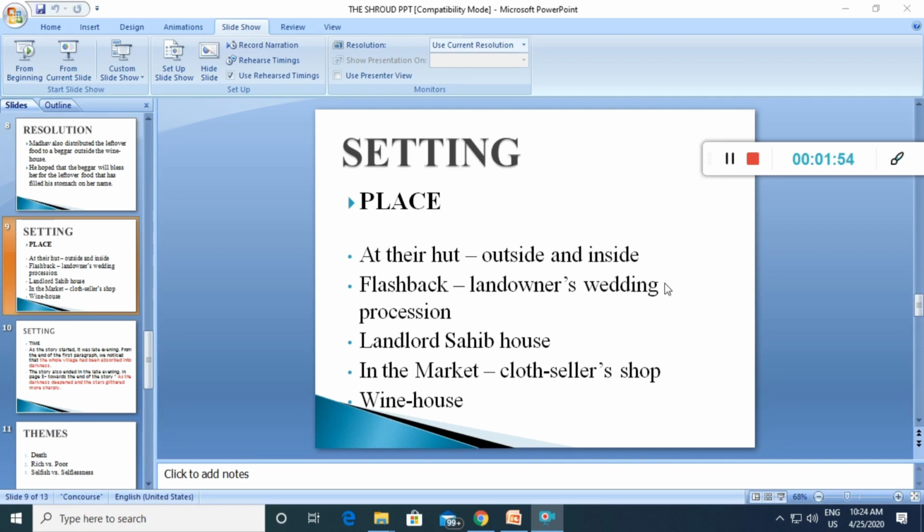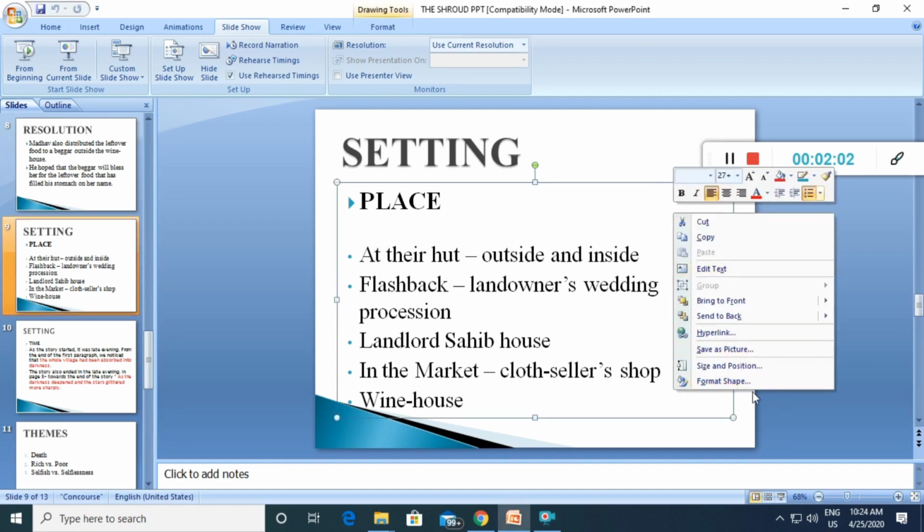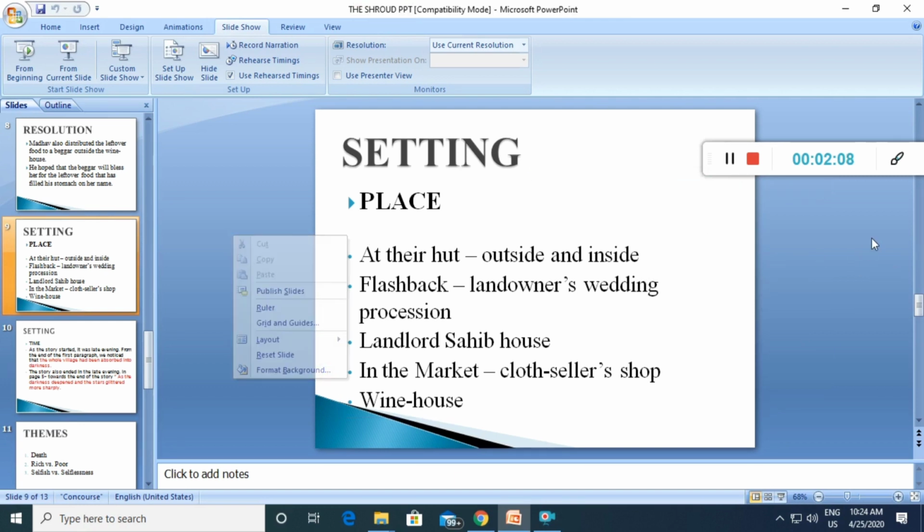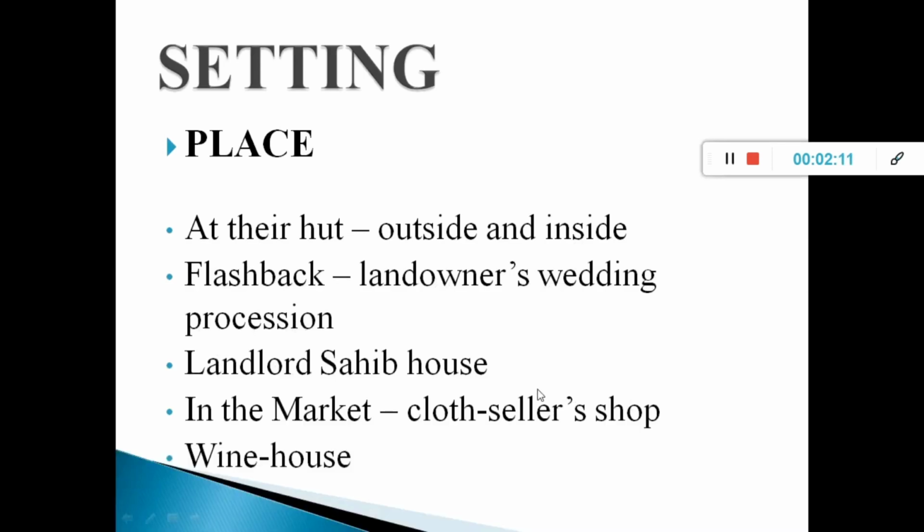And they ate a lot. Especially, he described himself that he ate a lot at that time. And he just wished that he could have that food today, right? Okay. And then the third one under place, the third setting that we came across is at the landlord sahib's house, when both the father and the son found Buddha lying dead, right?